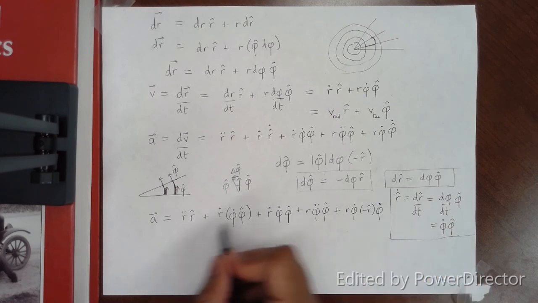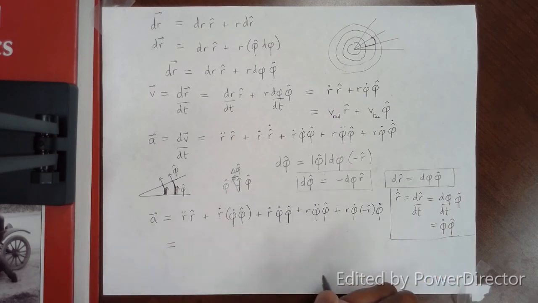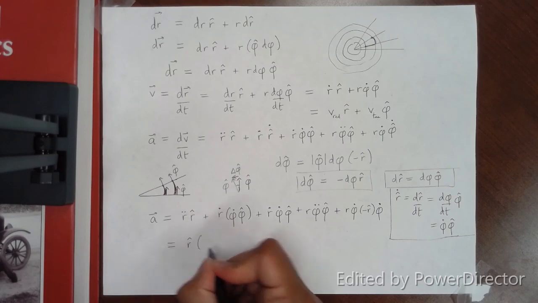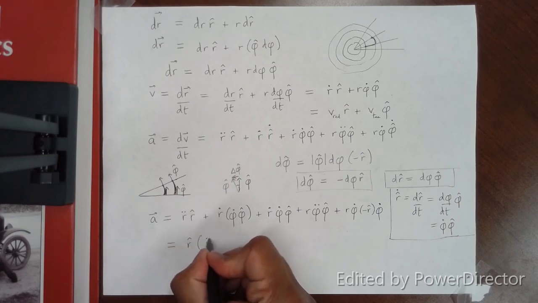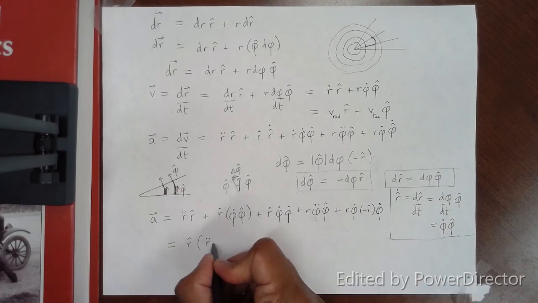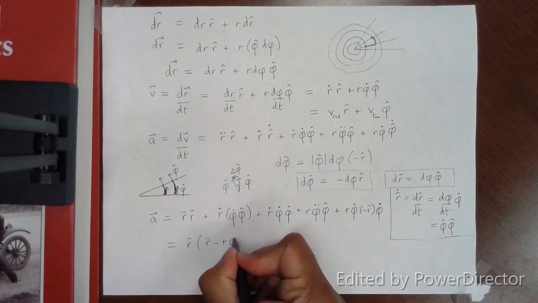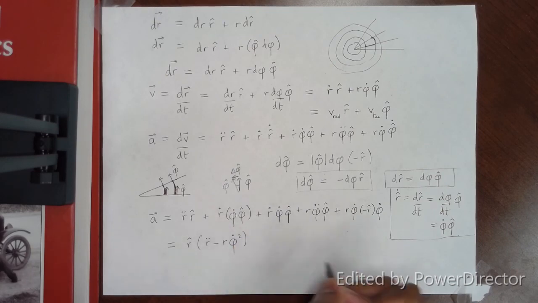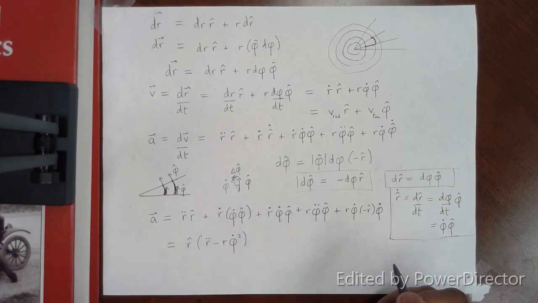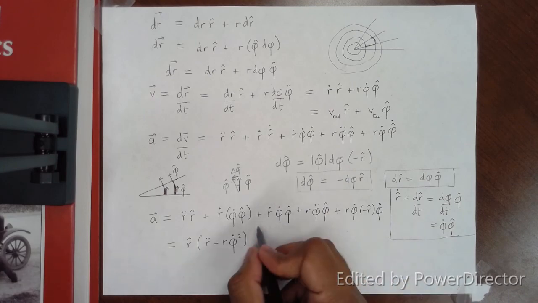So let's collect all the r hat terms together, all the phi hat terms together. For r hat, we have r double dot. Any other r hat terms? Yes, here. Minus r phi dot squared. And for phi hat, we see these three terms.